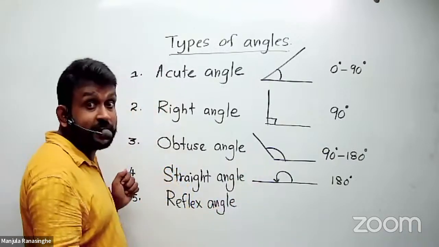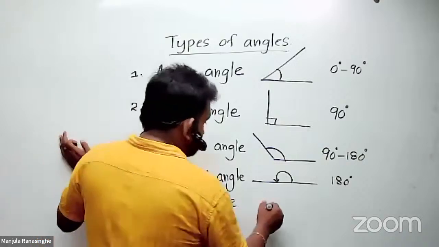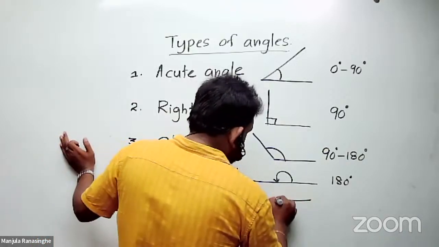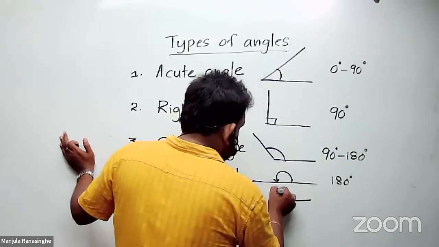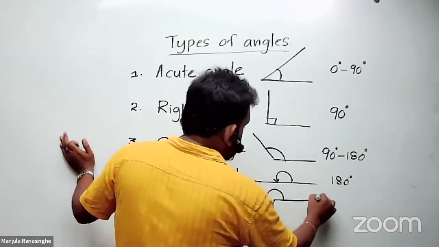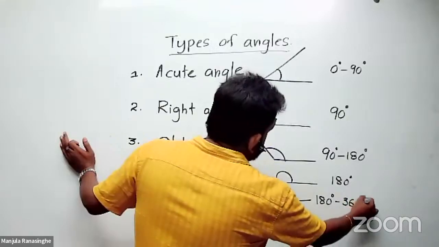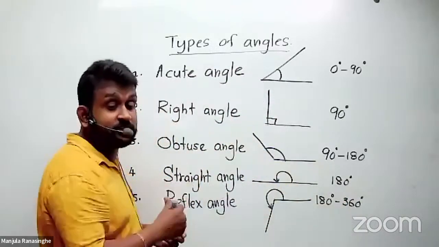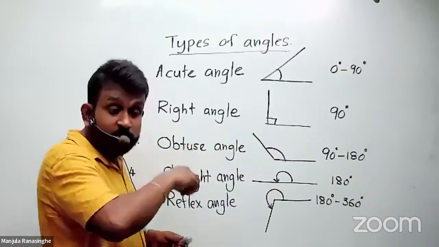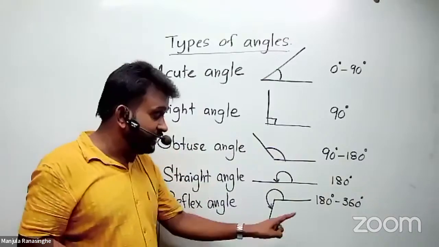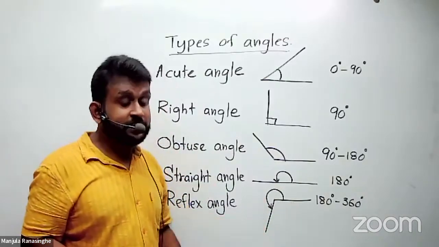Reflex means more than 180, right? If I draw a sketch, this is the way, and it is more than 180 but less than 360, because if we rotate a full circle, that is 360.